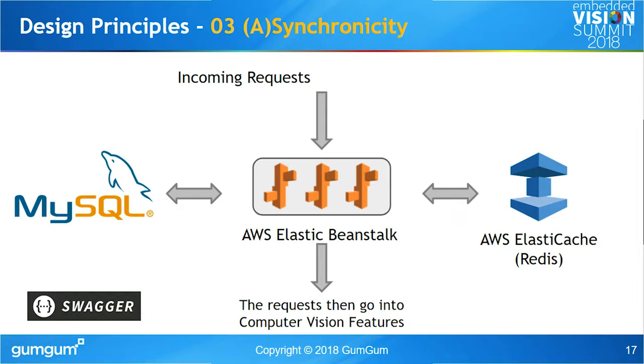Like all APIs, we also have a database, which is MySQL here. And when it comes to the computer vision side of things, the reason we use this database is Swagger to expose endpoints. Swagger is an API design tool. It's a UI that helps expose these endpoints to designers and developers. Endpoints here are essentially just your computer vision features or your pipelines that help you realize newer computer vision capabilities in real time.